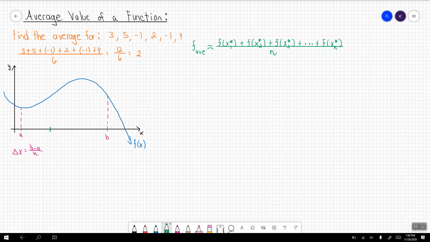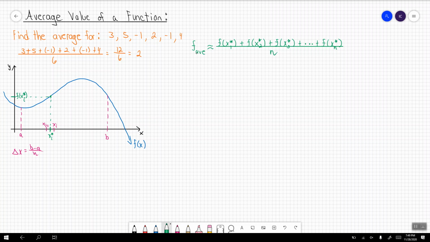So we can choose any value, let's call this x sub i, inside of this interval where we have x sub i minus 1 and x sub i. So we have some random sample point inside of this interval, and that sample point will then get us an output. That output value is the function evaluated at the sample point.